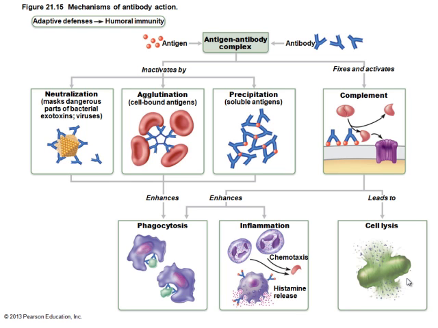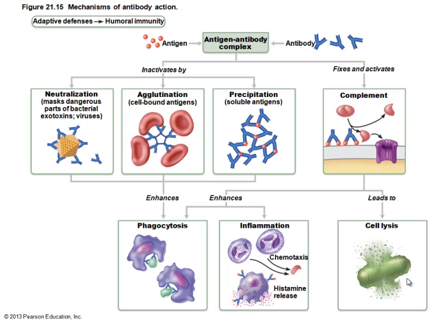All of them are going to form a complex called an antigen-antibody complex when they come in contact with their target. This diagram on page 782 in your textbook talks a little bit about how antibodies help to neutralize antigens.